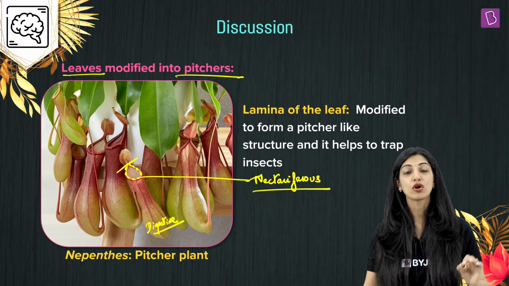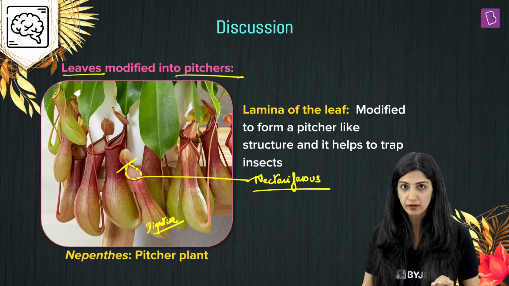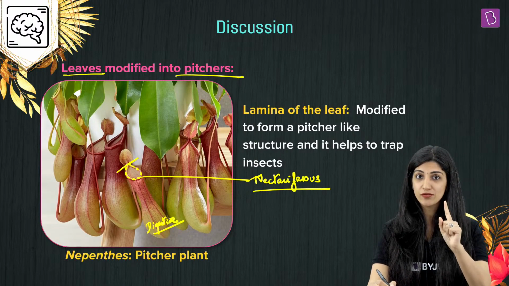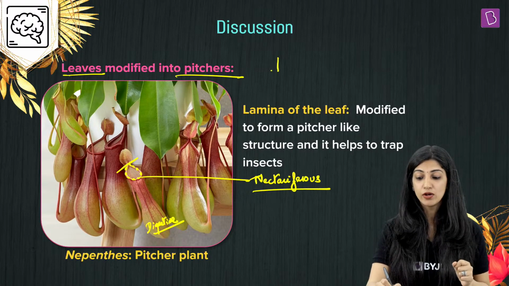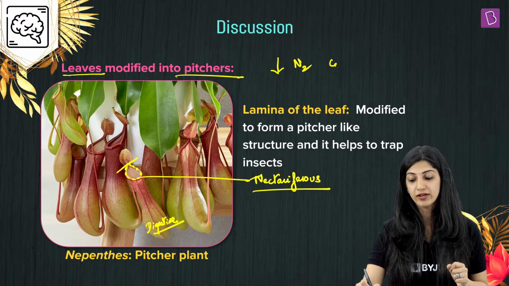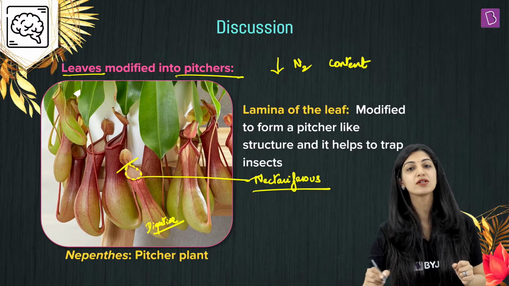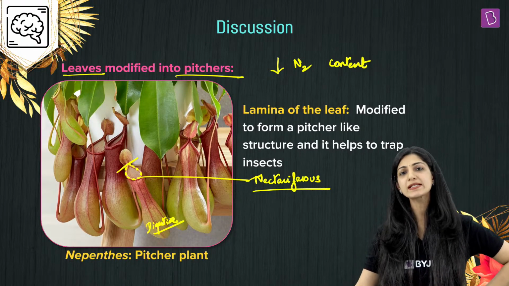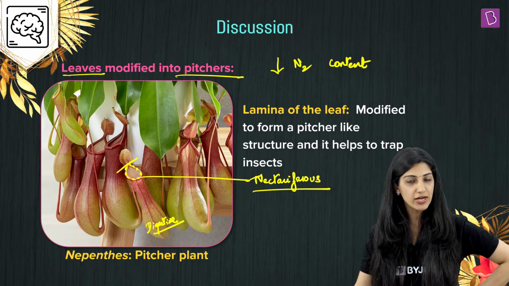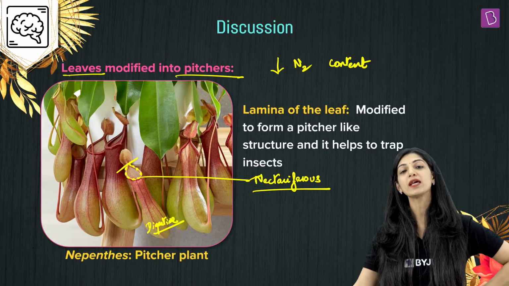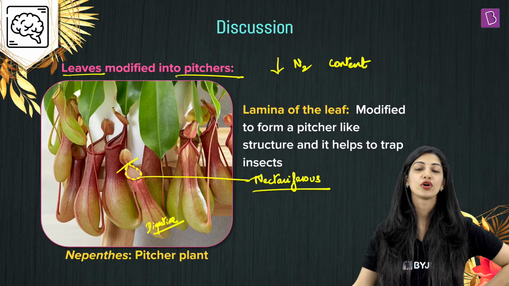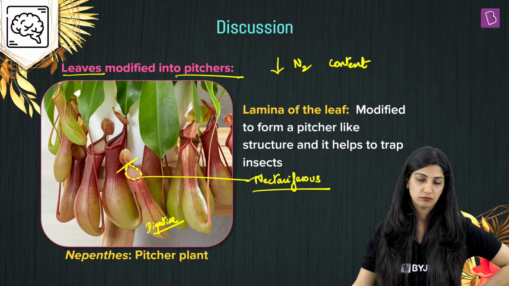These plants grow in areas with low nitrogen content. This is a previous year question, I'm not giving you any extra information, write it down. The soil doesn't have nitrogen, so to compensate they do that. Let's get the chat box on. Who will tell me other examples of insectivorous plants?